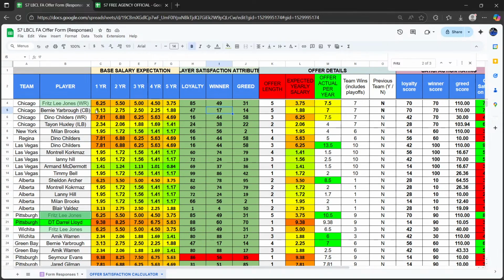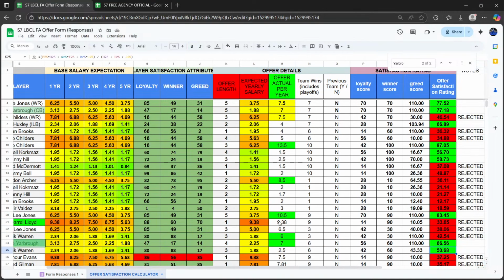Yarborough's offer satisfaction. Let's go ahead and get him up. Two offers on Yarborough. Green Bay offered 4 by 7. Chicago offered 5 by 7. Let's go over and check out the tale of the tape.